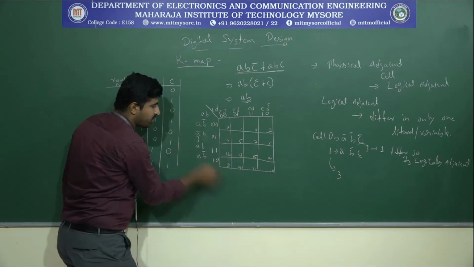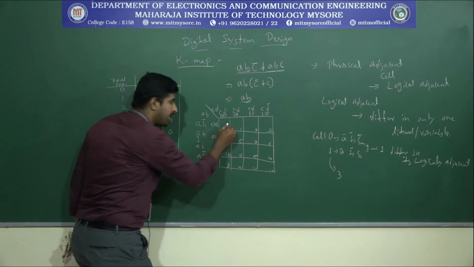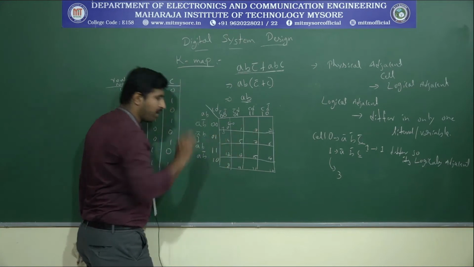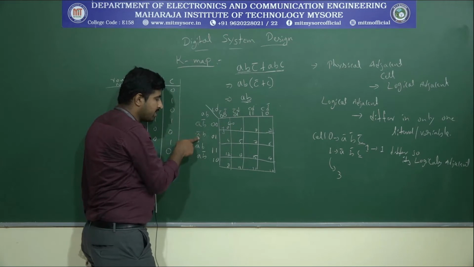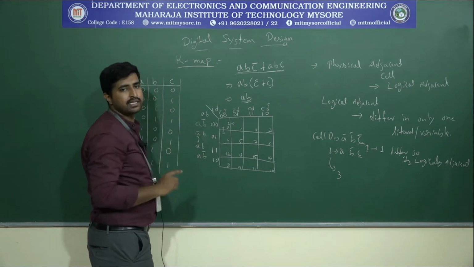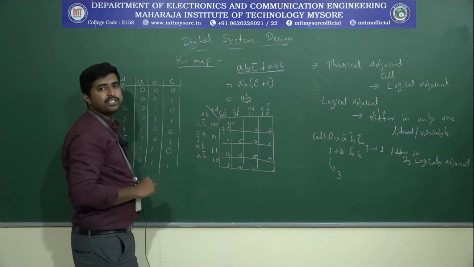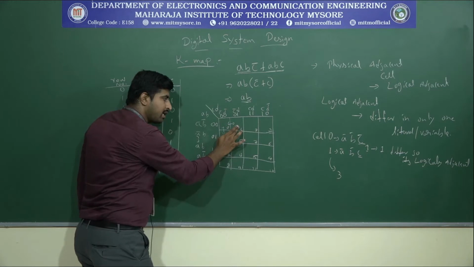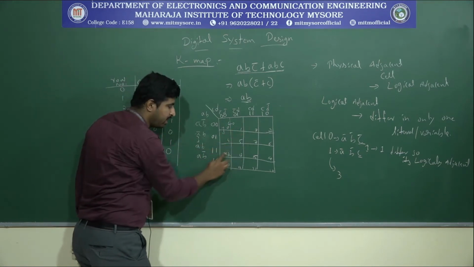So we can say cell 0 is adjacent to 4 and to 1, but not adjacent to 3 or 12. Why? Because these cells are not logically adjacent to cell 0. So only cells 1 and 4 are the logical adjacents, compared to 3 and 12.